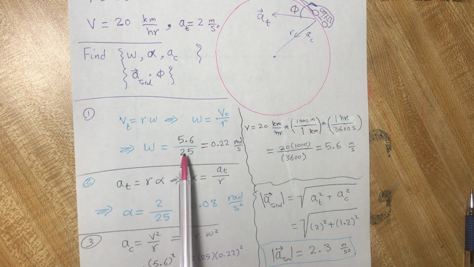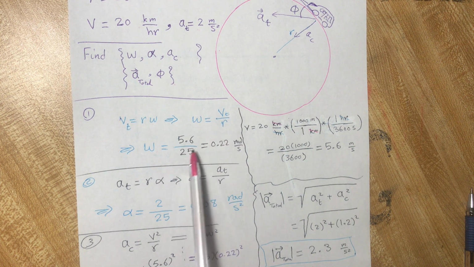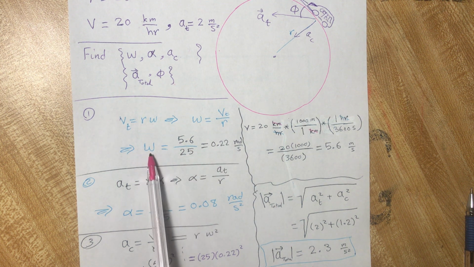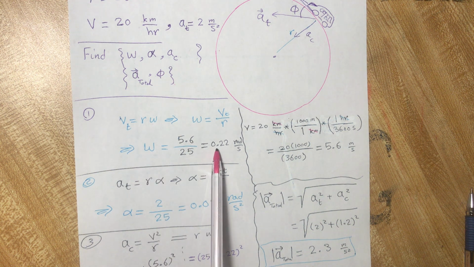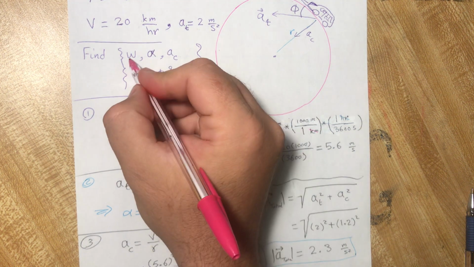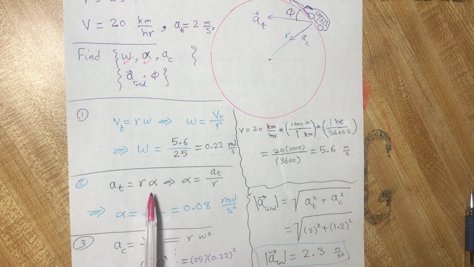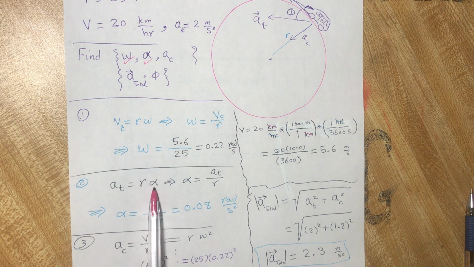Okay, omega is equal to V over R. V is 5.6. The radius is 25 meters. Then the angular velocity is 0.22 radians per second. Now we find omega. We need to find alpha. We know from the formulas that the tangential acceleration is equal to r multiplied by the angular acceleration.